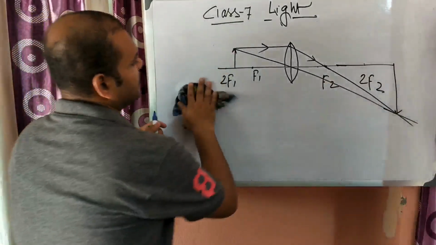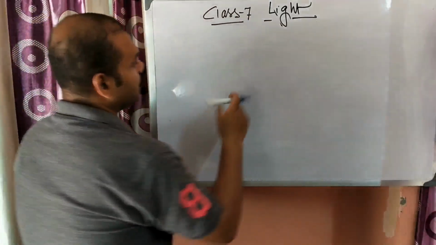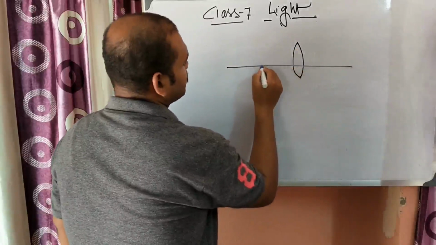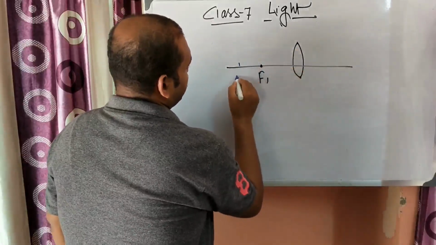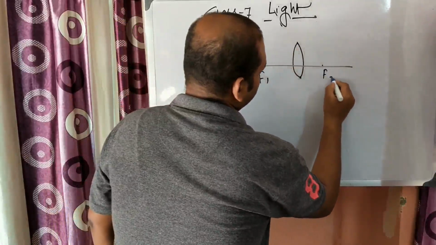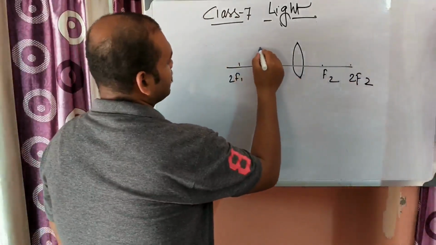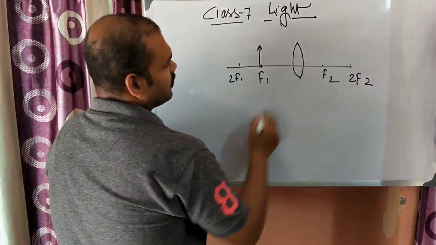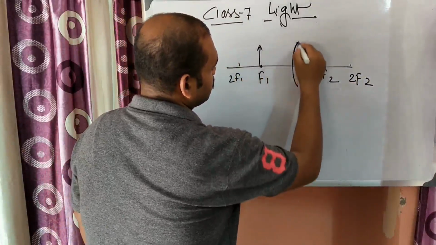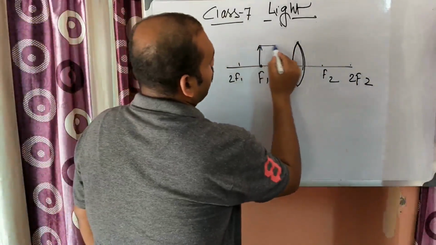So simple. Next is at focus. Just do it quick. Same thing, same picture. f1, f2, 2f2. Now if the object is at focus, what will happen? Let me just make it big.